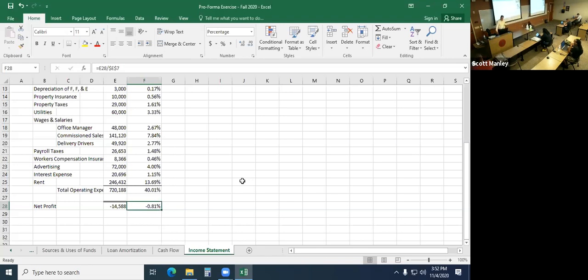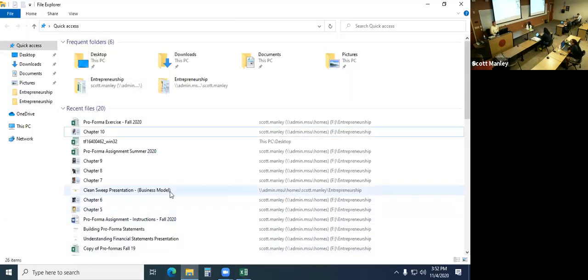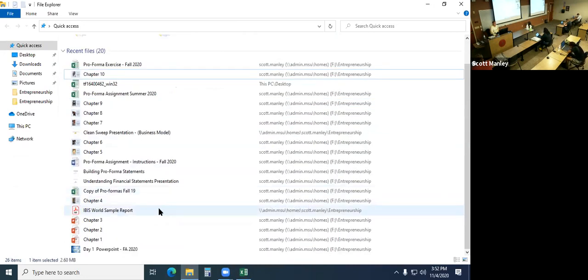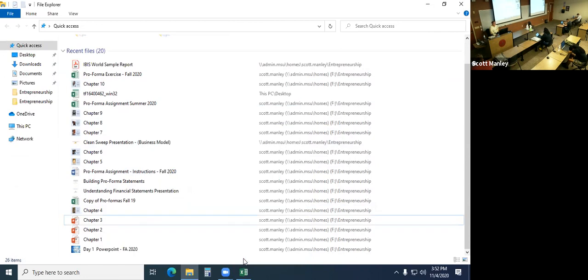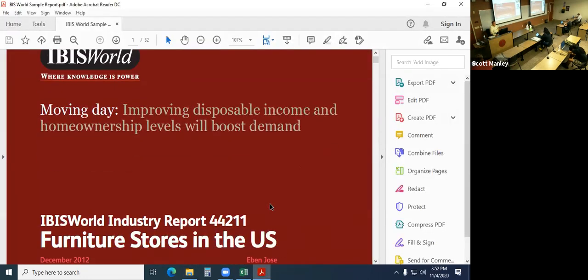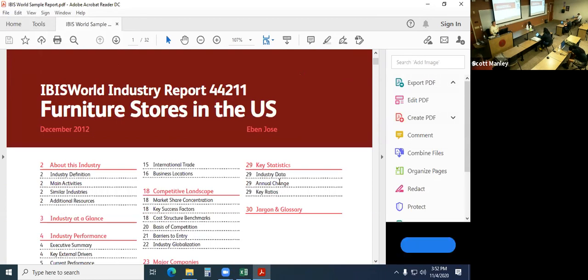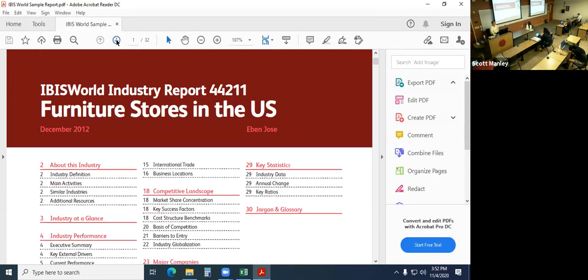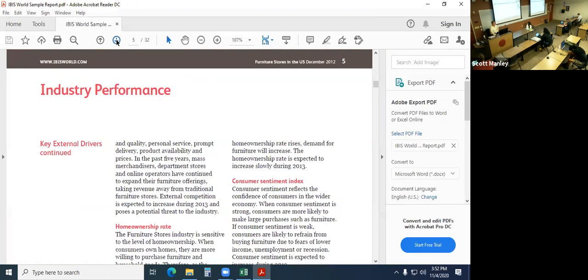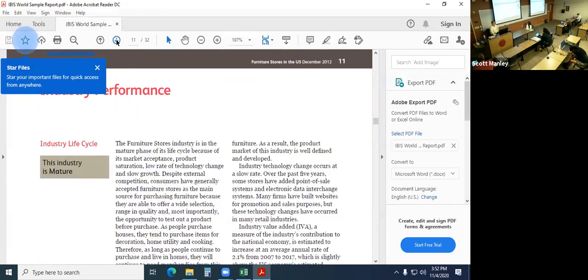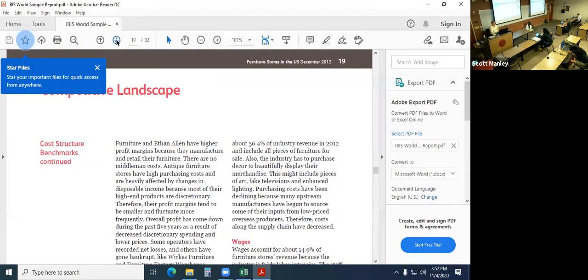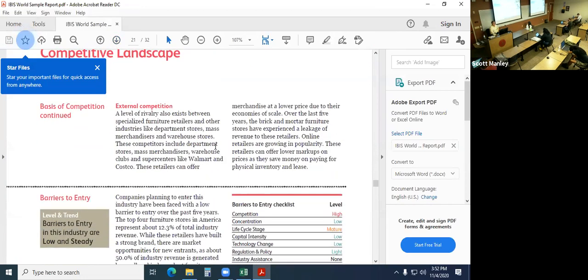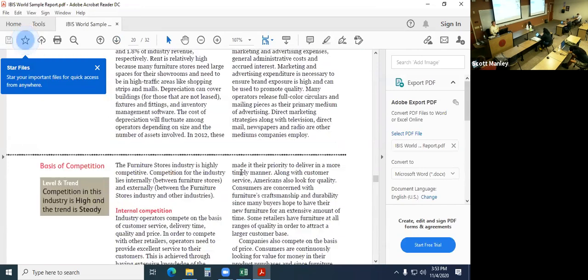I've looked at my industry standards for furniture. Okay. If I can find it. Hope this is it. Furniture stores in the United States. This looks a little different than your report because of the age of it. I've done my homework. Okay. And here's what I have found.